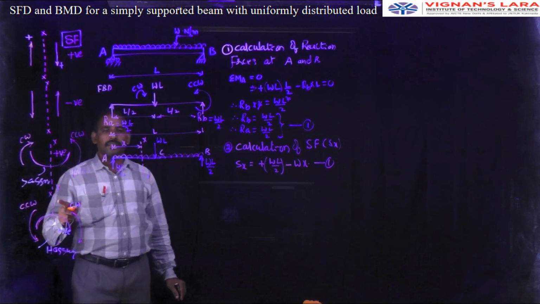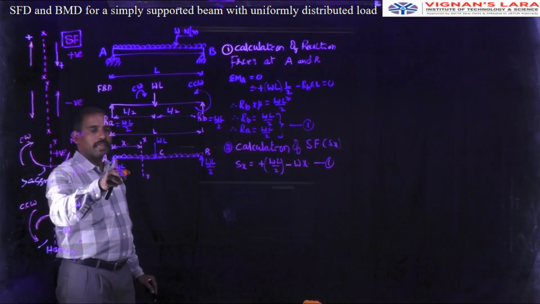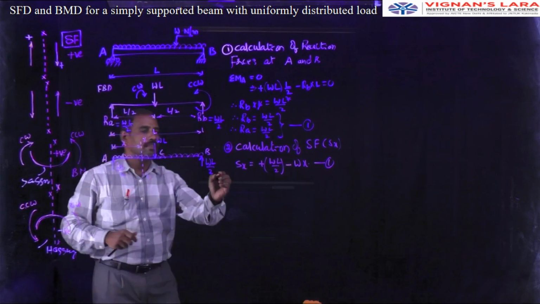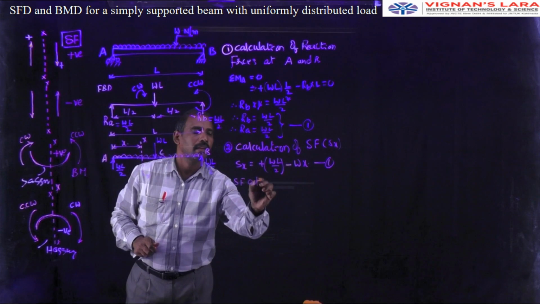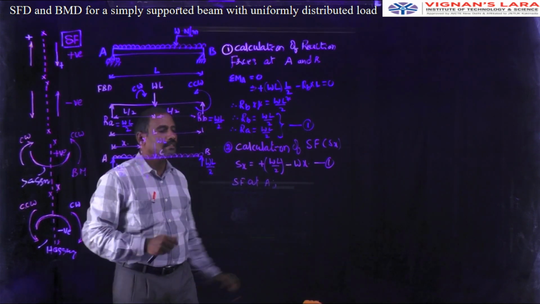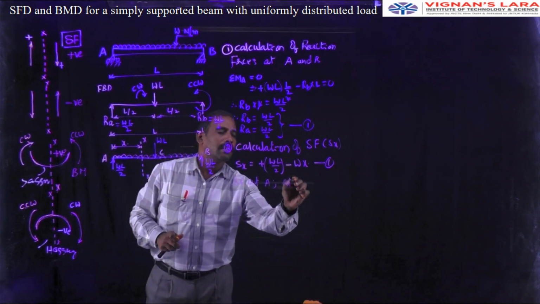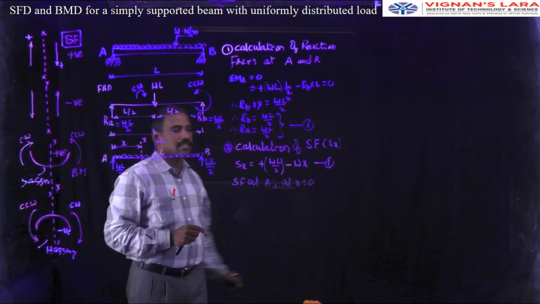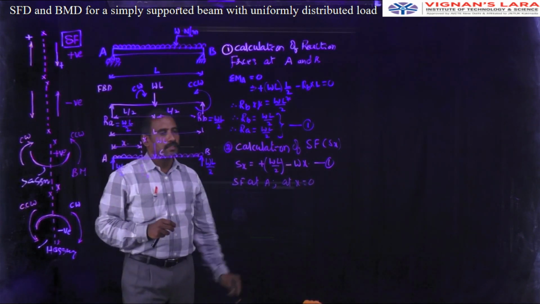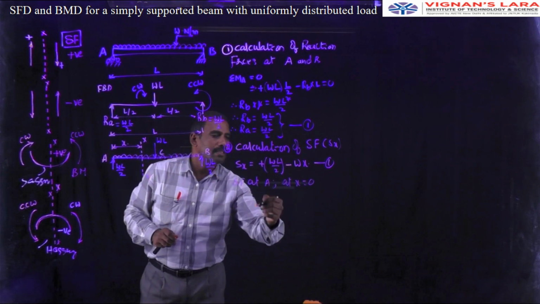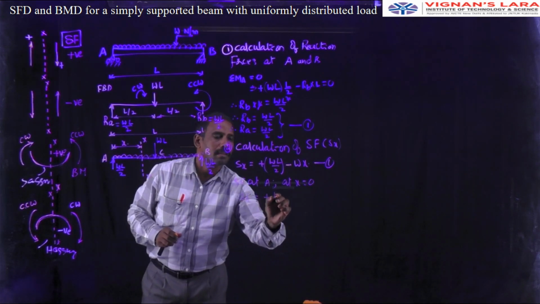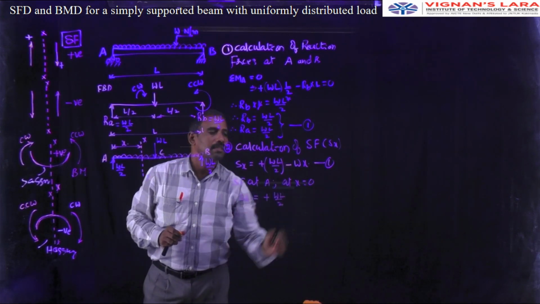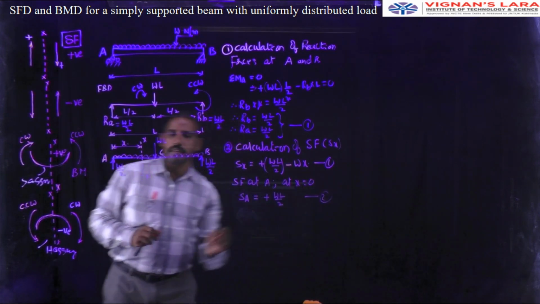I can find out the shear force at A as well as C. So SF at A, it means at x is equal to 0. Simply substitute x is equal to 0 in equation number 1. The shear force at the end A is plus WL by 2. It is positive, so then I can draw it.